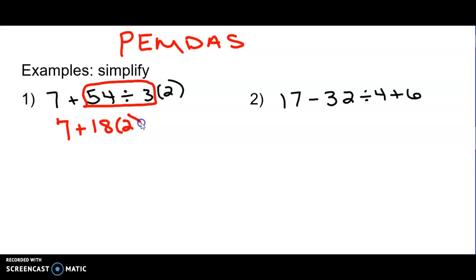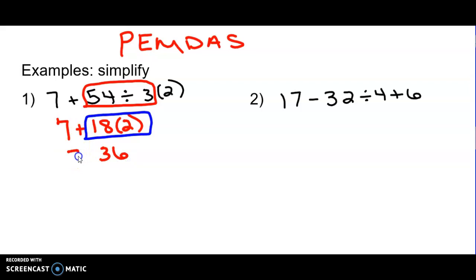And then we have multiplied it times 2. So we've done our division, but we also have multiplication. So we can multiply 18 times 2. 18 times 2 is 36.